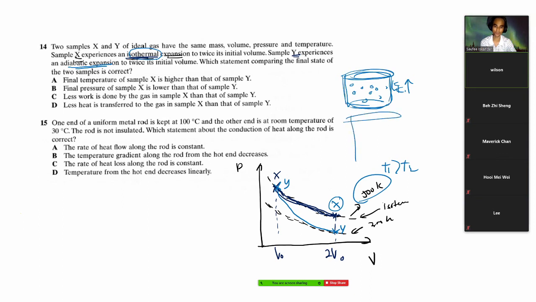When you increase the volume bigger, the kinetic energy will be lesser, and of course when the kinetic energy is lesser, the temperature also drops. Isothermal will not change its temperature; only adiabatic will change its temperature.